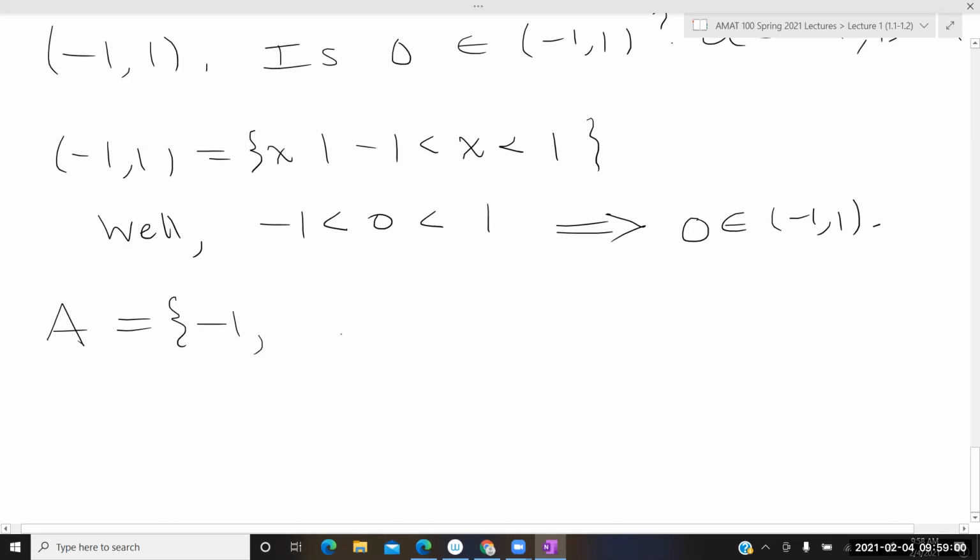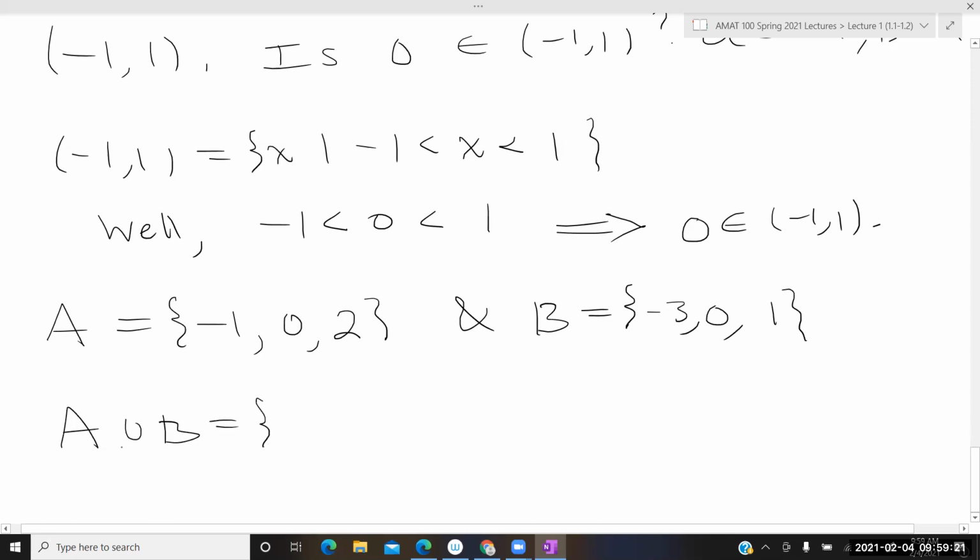Let's do something with unions and intersections. Suppose we have this set, -1, 0, 2, and then we have, let's say, -3, 0, 1. So A union B, remember, is everything in A and everything in B. You take both things and put them together.